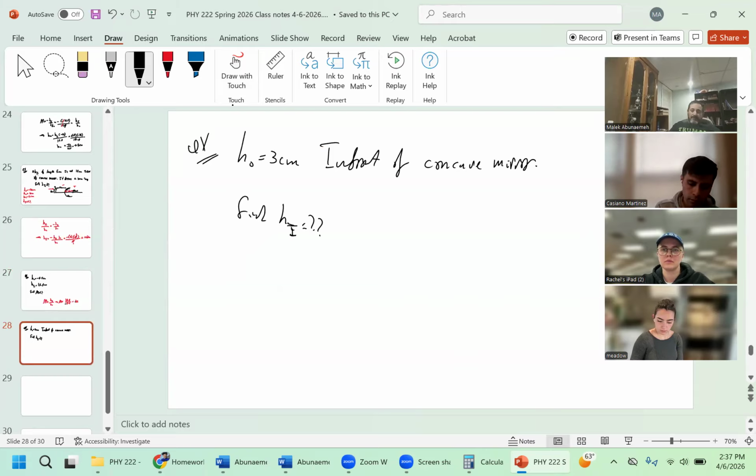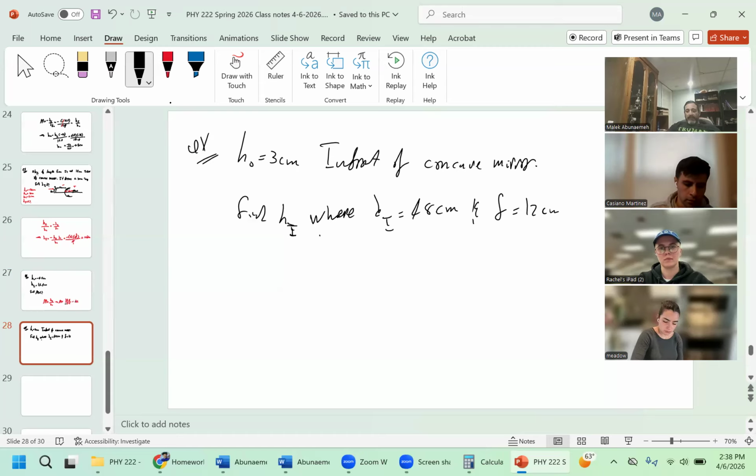Find the height of the image, where the distance of the image is 48 centimeters, and your focal length is 12 centimeters.